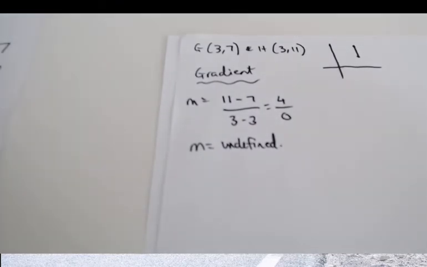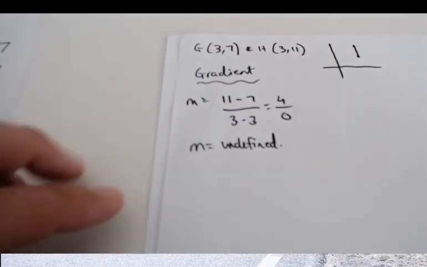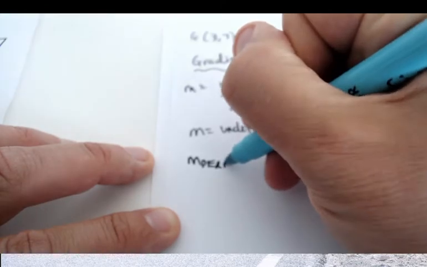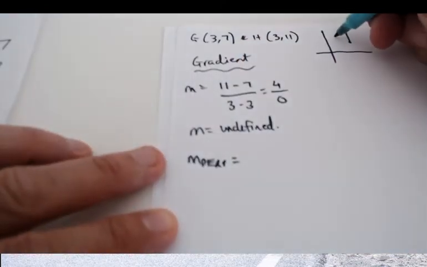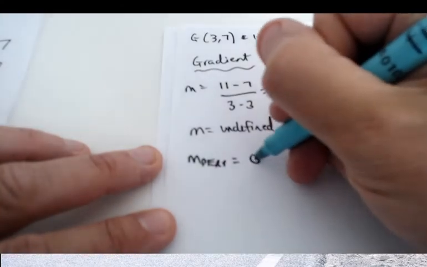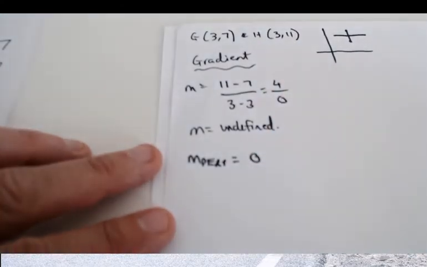Now you should remember that vertical and horizontal lines are perpendicular to each other, and they are a special case. So in here, the perpendicular gradient, remember, if I've got a vertical line, the perpendicular line to that would have a gradient of 0. It is a line that just goes straight across, horizontal.